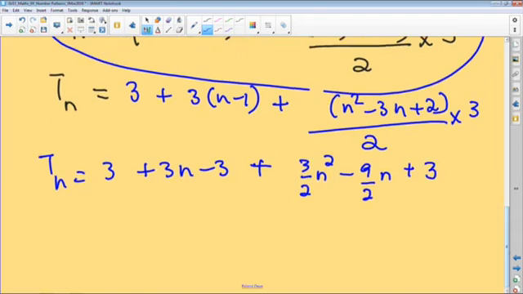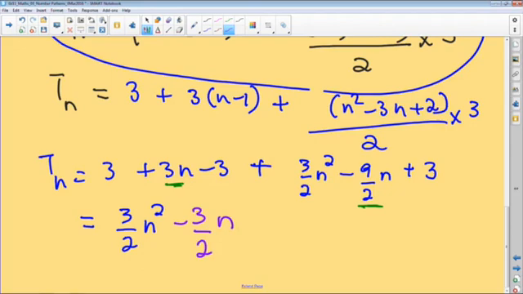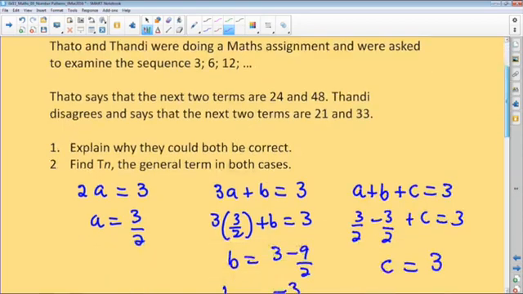Then if you simplify, this is going to be 3 over 2 n squared, and for the like terms you've got 3n minus 9 over 2 n, which gives 6 minus 9, that's minus 3. So you're going to have minus 3 over 2 n, and then the 3 minus 3 is 0 plus that 3. So your Tn is 3 over 2 n squared minus 3 over 2 n plus 3. So you get one and the same thing using different methods.